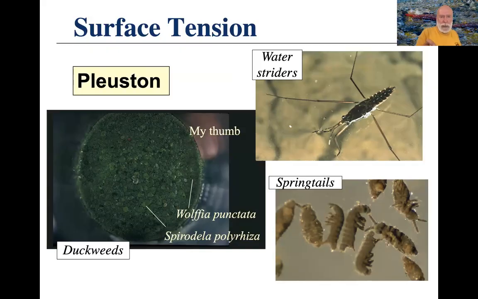You know, so there's two species here, Wolfia punctata. These are about 1 millimeter across, and Spirodella polyrhiza, which might be maybe 3 or 4 millimeters across. Anyway, these are minute plants that just float on the surface of the water. They live there in the surface tension.